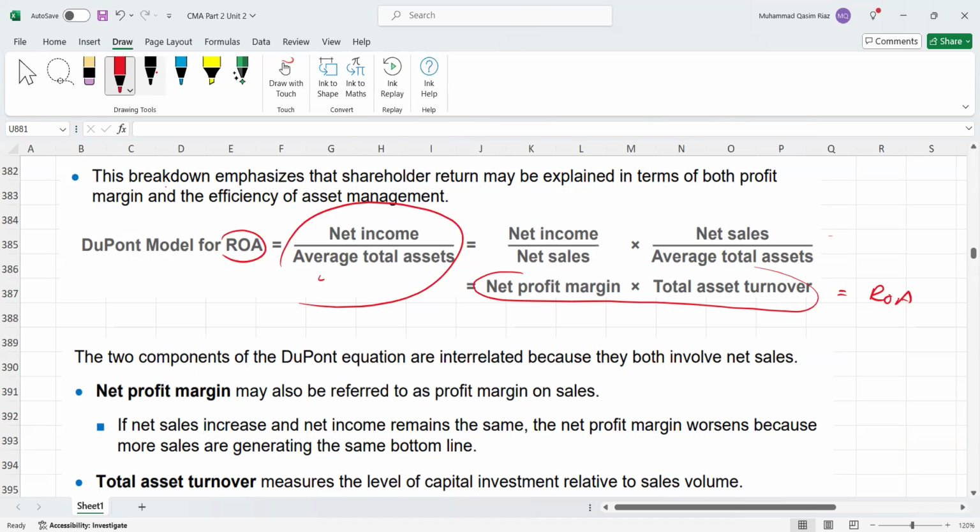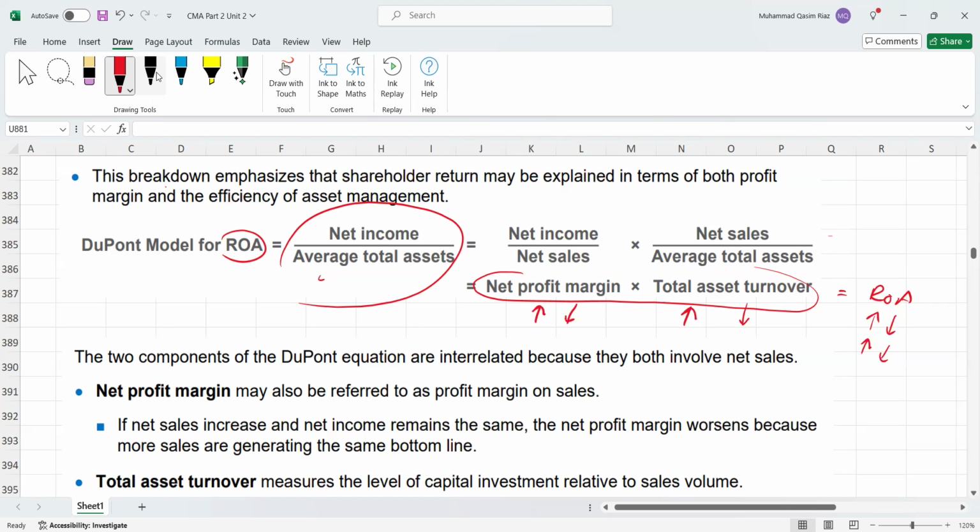If your net profit margin increases, your return on asset will also increase. If your net profit margin decreases, your return on asset will decrease. On the other hand, if total asset turnover increases, obviously your return on asset will also increase. Or if total asset turnover ratio decreases, your return on asset will also decrease.